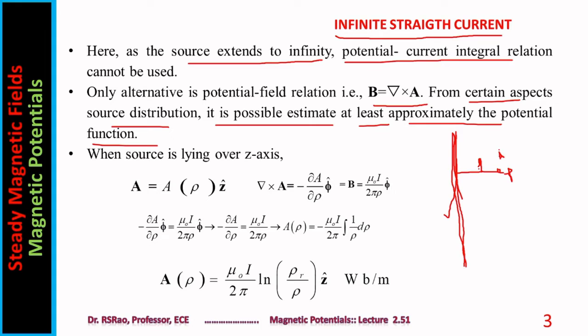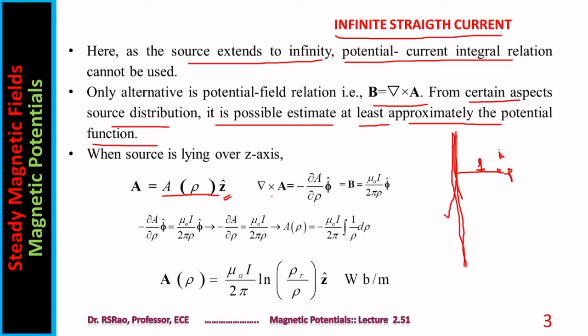It cannot depend upon phi value also because of symmetry. So it can depend at maximum only on rho. And direction wise, direction of vector potential is by definition the direction of current. As current distribution is along z direction, A can only be along z direction. So from various considerations, A equal to magnitude, which is a function of rho, times z cap.